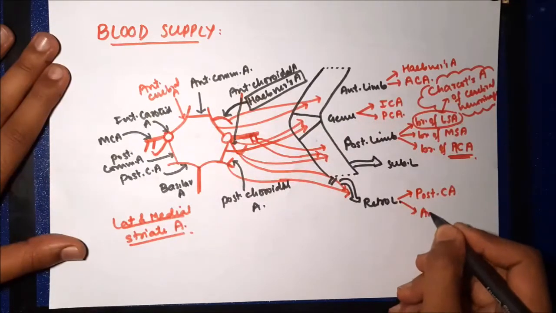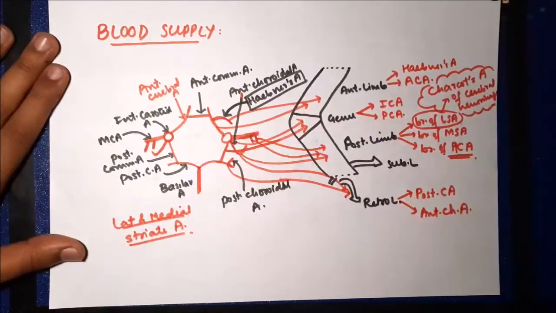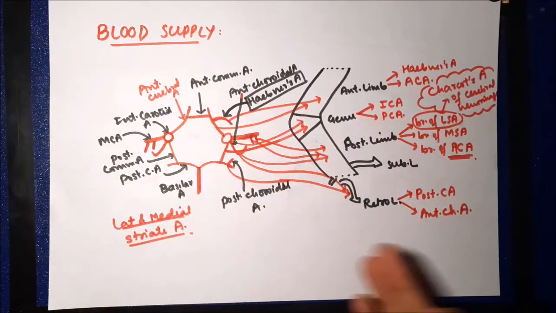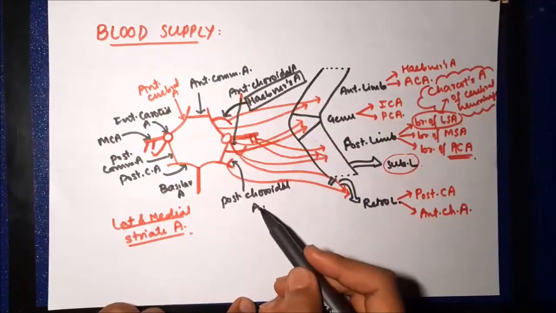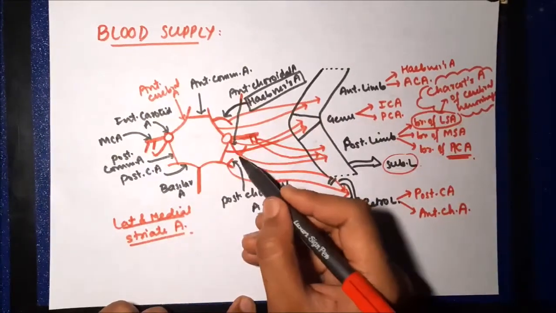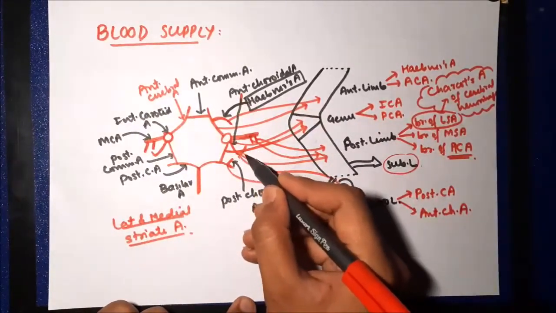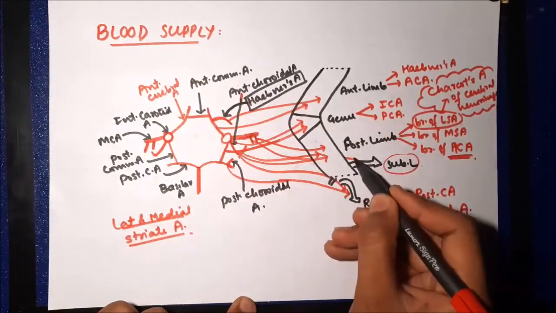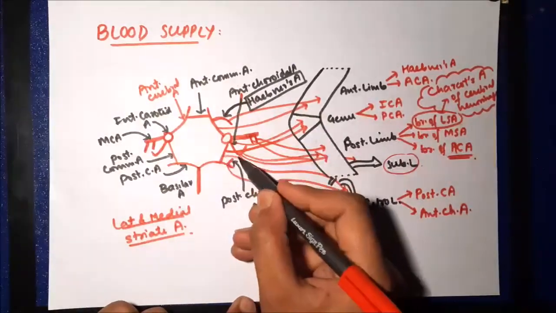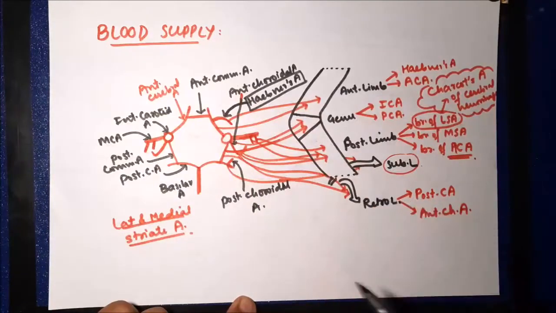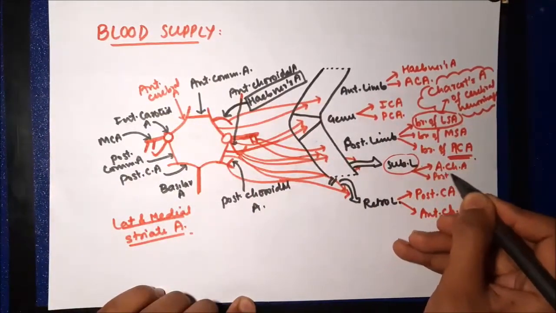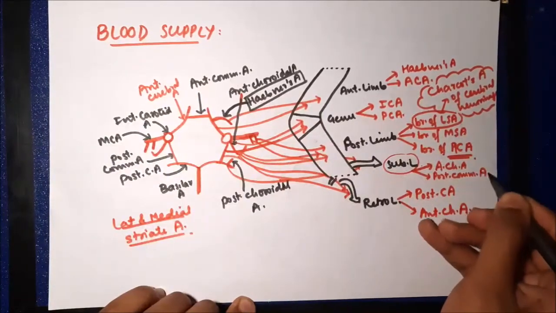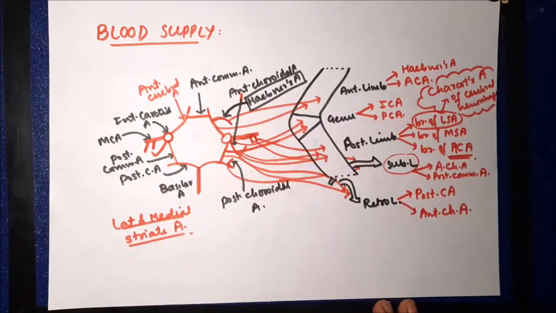The sublentiform part is supplied by a branch from the anterior choroidal artery and another branch from the posterior communicating artery. So this is the blood supply of the internal capsule.